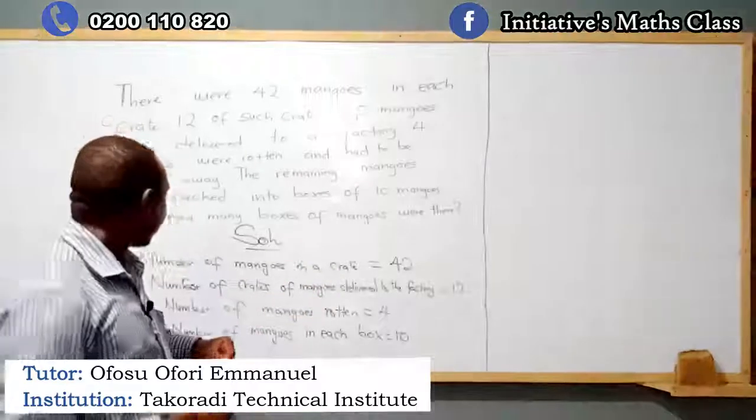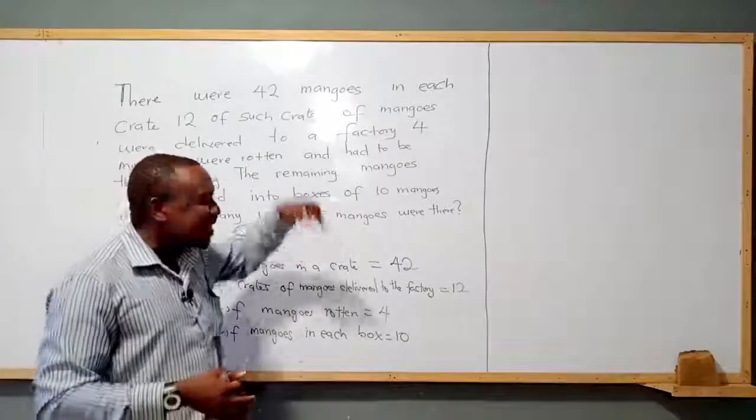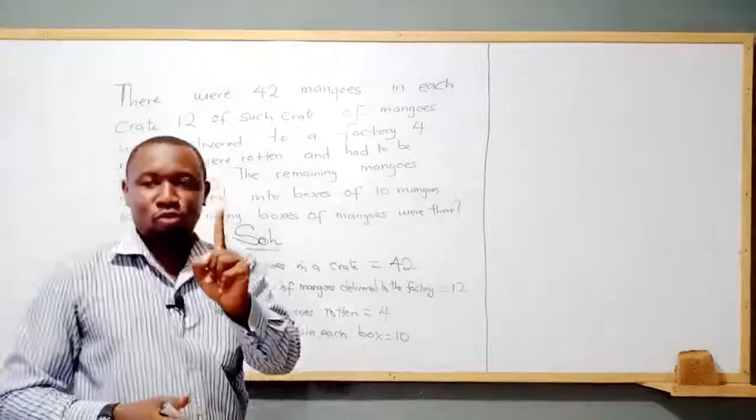But here we have the number of mangoes in a crate. Each crate is 42.